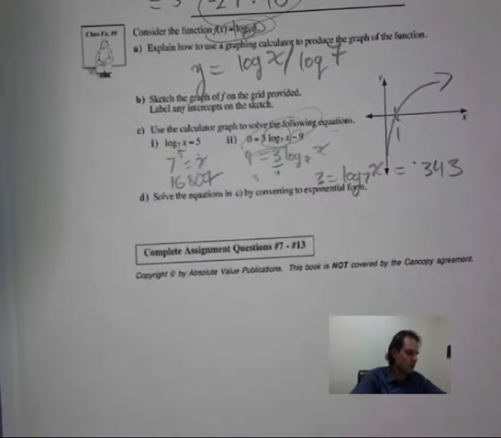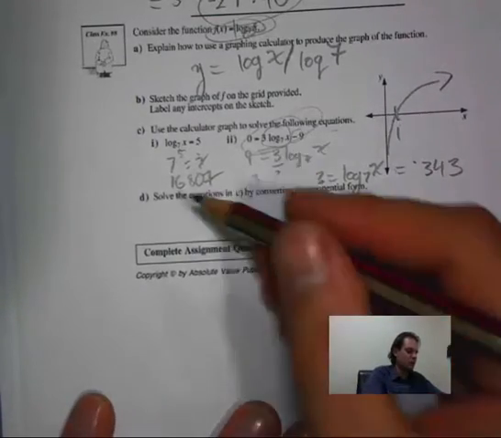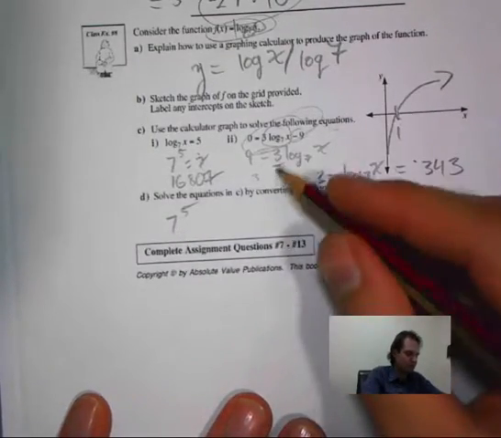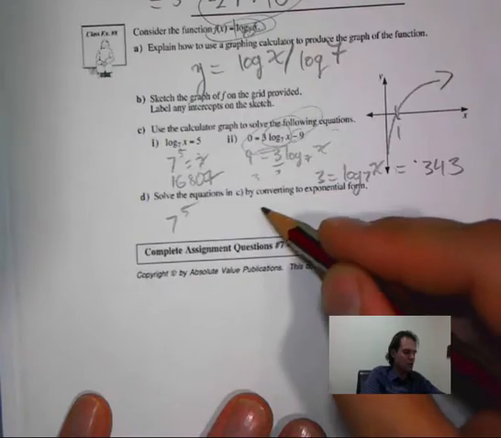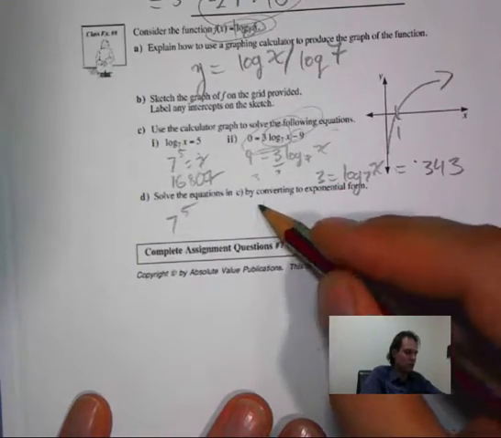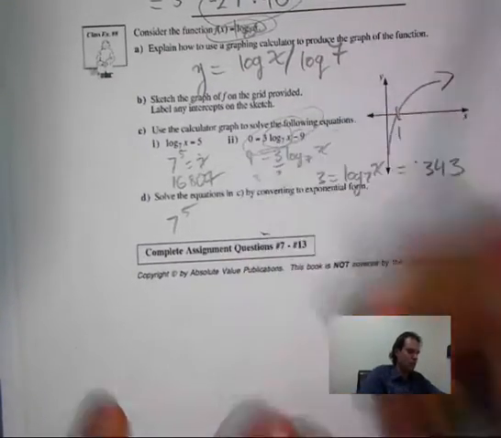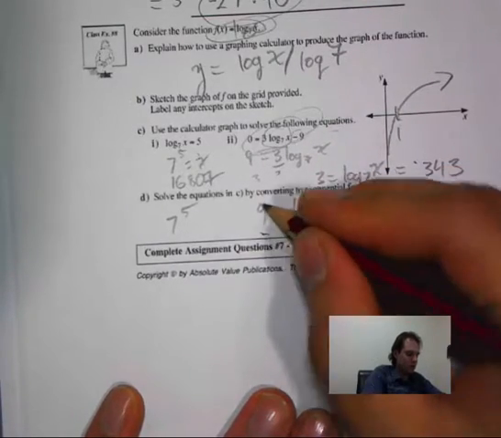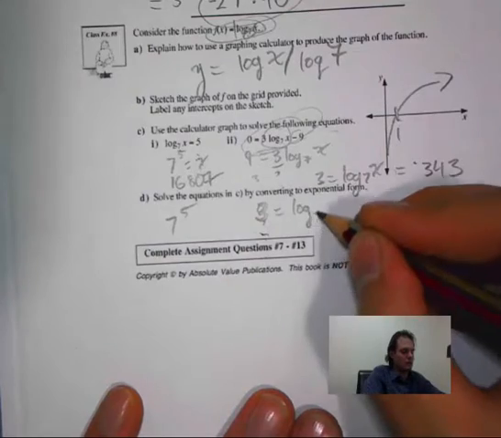Alright? So solve the equations by converting to exponential, 7 to the power of 5. Sorry, let's first do this. So we know 9 is equal to 3 log 7x, or 3 is equal to log base 7 of x.